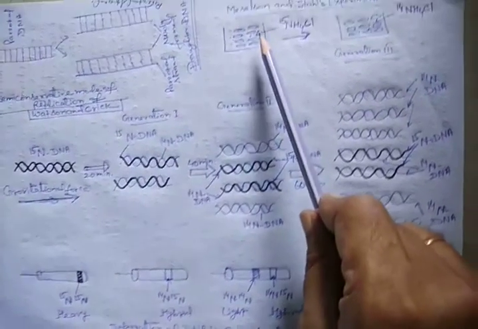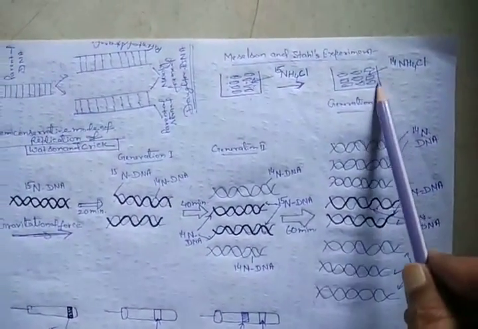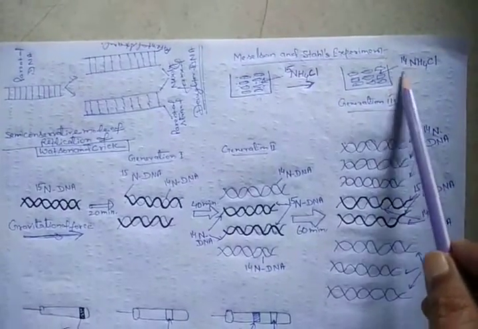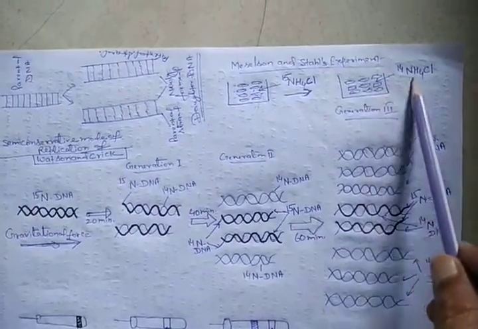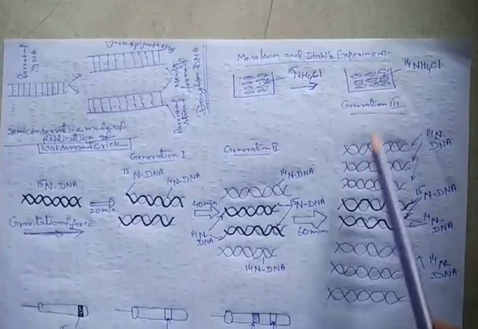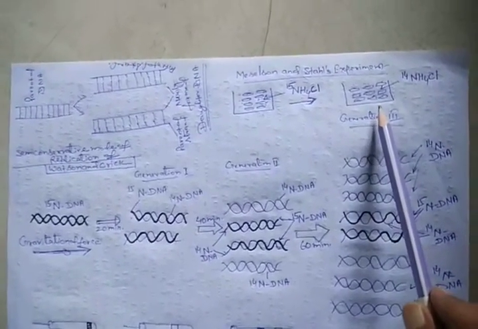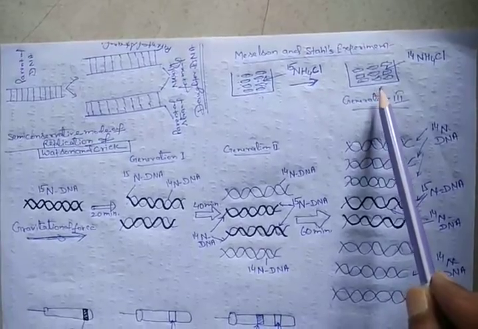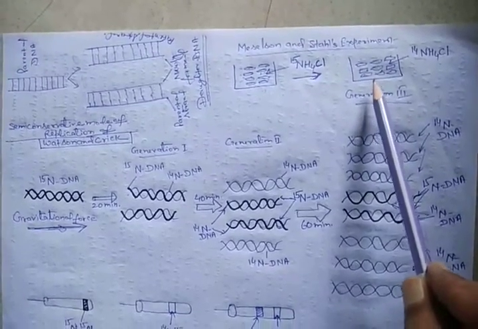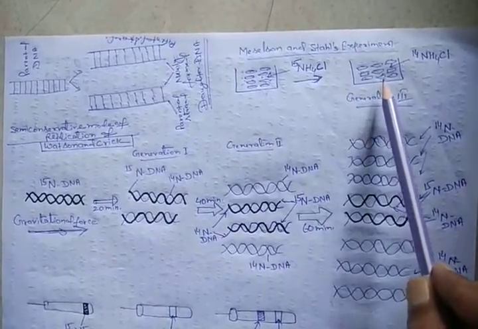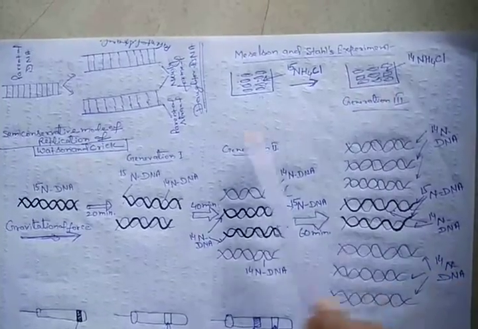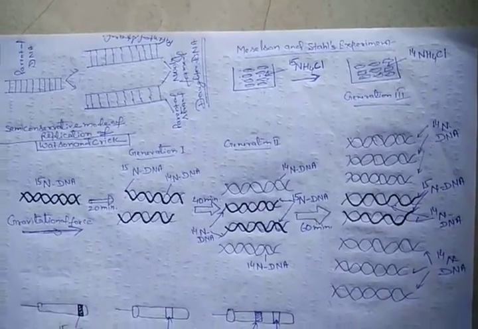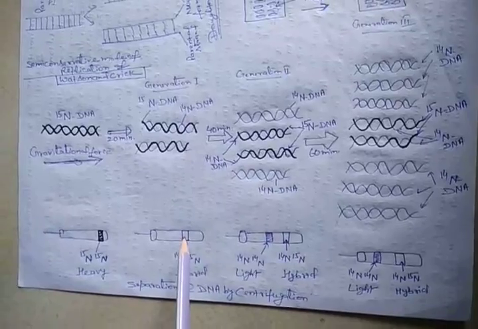Now, when these bacteria are transferred into another medium having the normal nitrogen, N14, and we know that the generation time of bacteria is 20 minutes, they extracted the DNA from the cells after 20 minutes and centrifuged it.